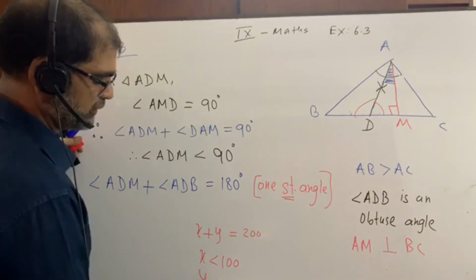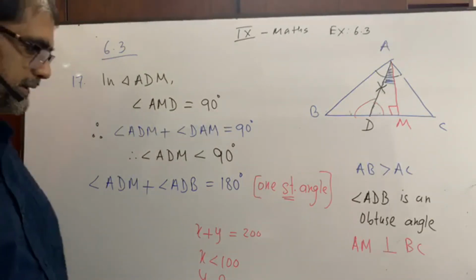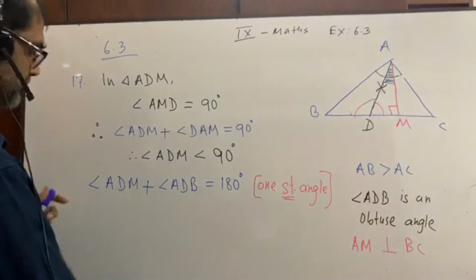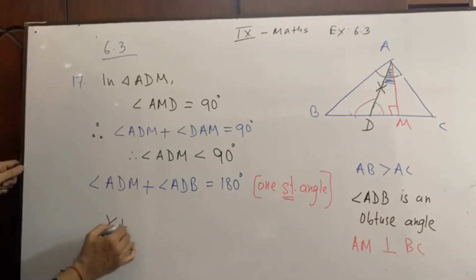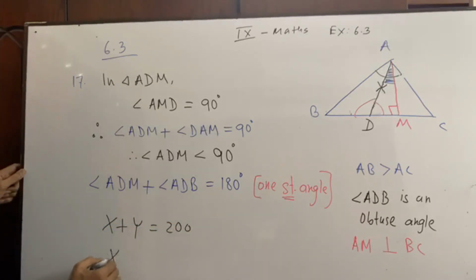Then what about Y? Can you tell me please? Yes, Y is greater than 100, to maintain the balance. Y is greater than 100.